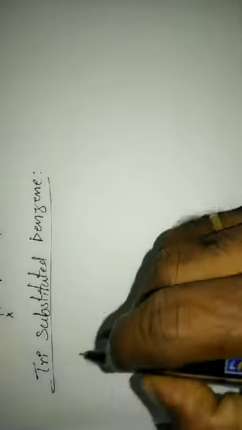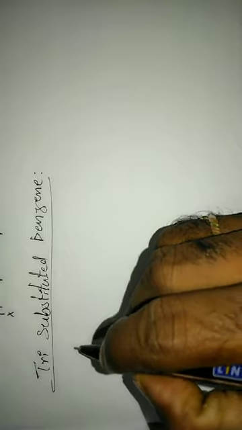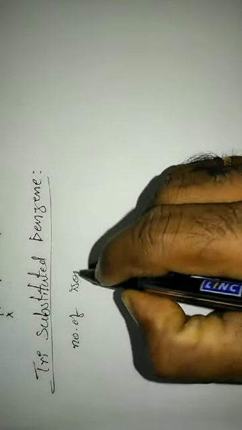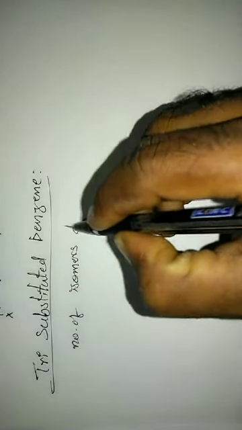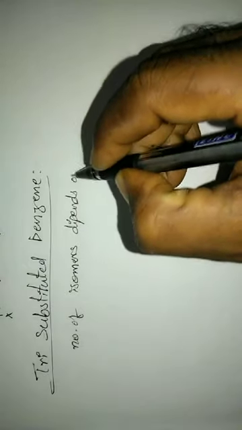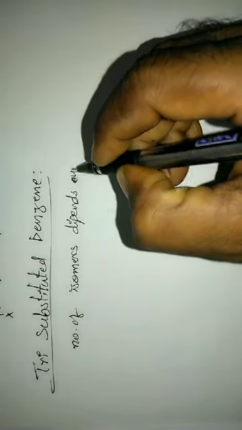In the case of trisubstituted benzene, the number of isomers depends upon the nature of substituents.